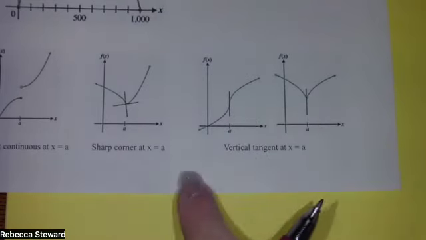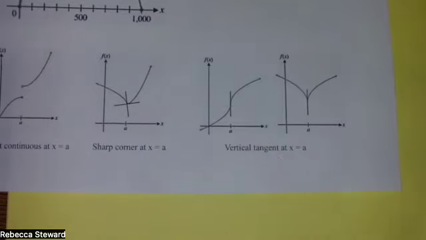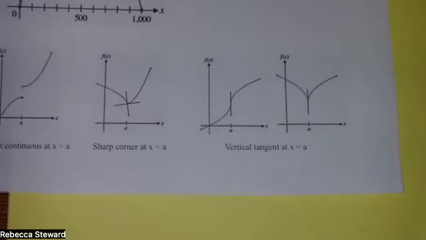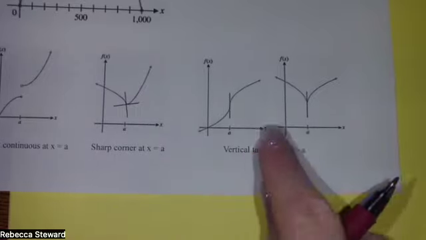This also looks like a sharp corner, and this kind of goes vertical instead of a continuous function cruising along. So these are where our graphs will not be differentiable: a break in the graph, sharp corners, or vertical tangents at those points. All right.